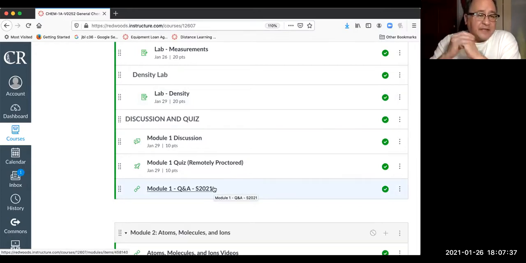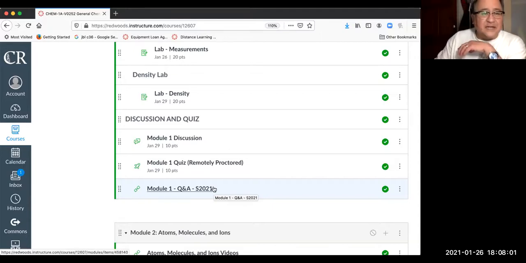We figured out that their issue was that they were using the Safari browser and it wasn't working. When I do this in Chrome or in Firefox, it works. I don't use the Microsoft browser, whatever that one's called, Explorer, I think. So it works in Firefox and it works in Chrome.